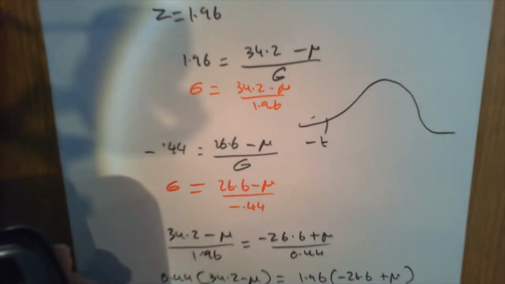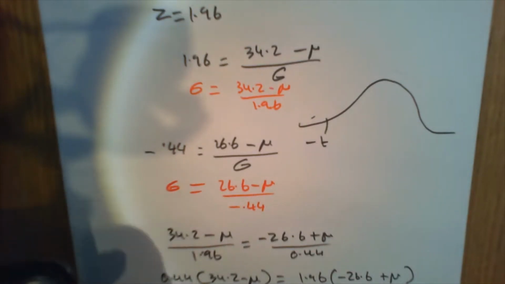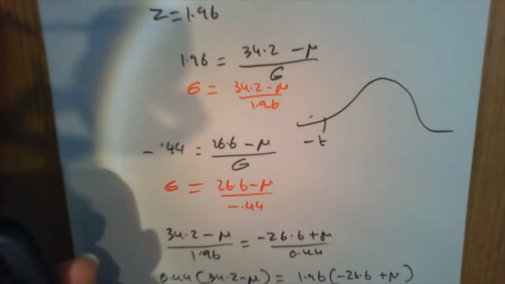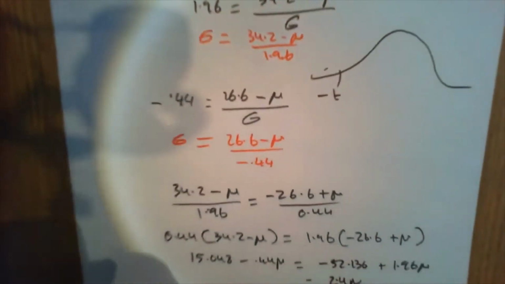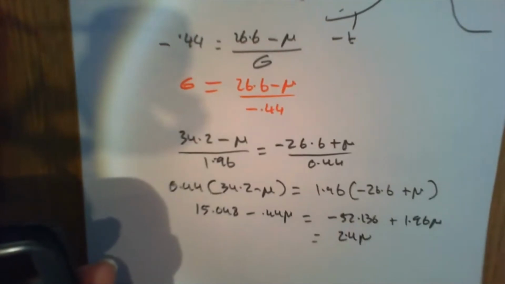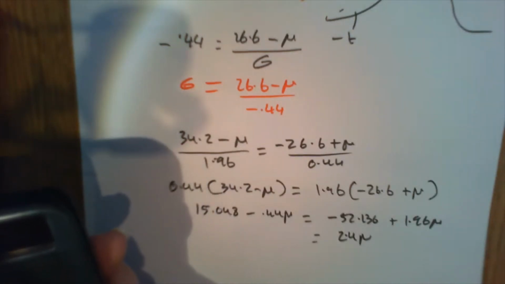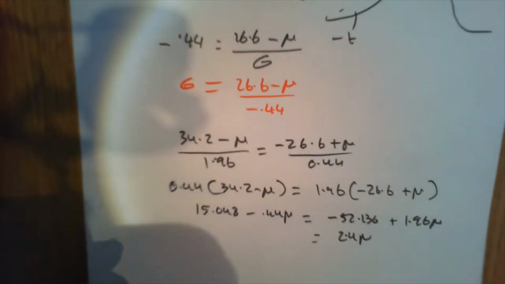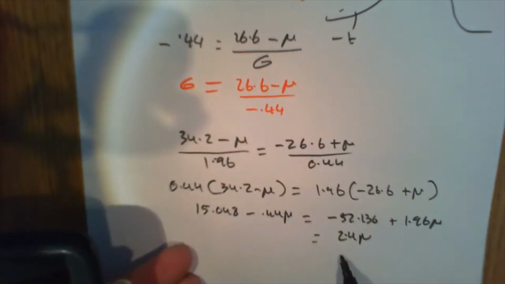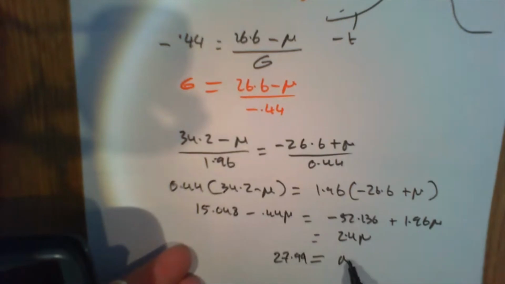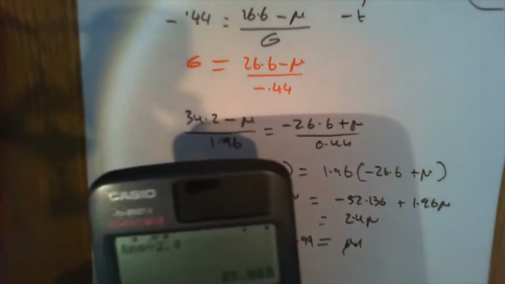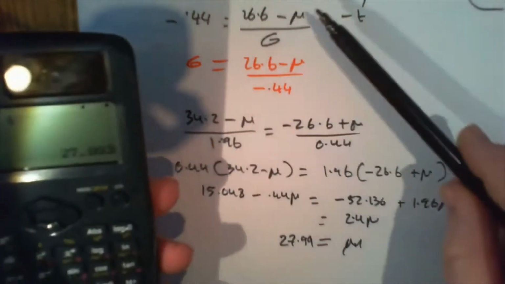So it's 1.96 plus 0.44, which is 2.4 mu, equal to 15.048 plus 52.136, divided by 2.4, and we're looking at 27.99.